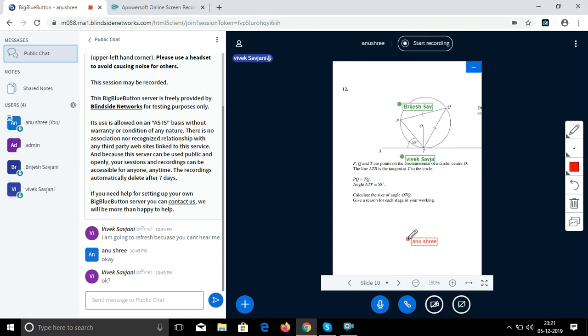Okay, so we need to know that that one is 58. And we know that that one is 90 minus 58, which is 32. So we know this one is 32.